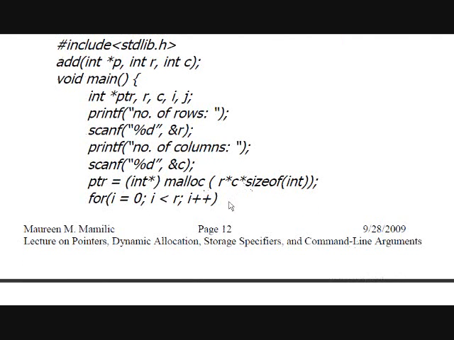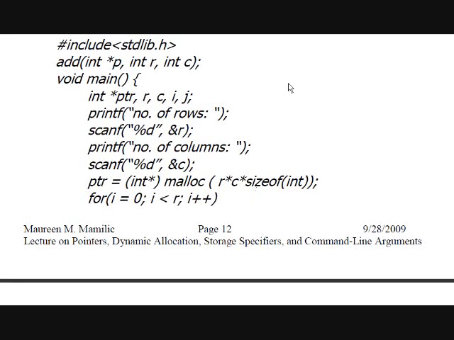Then using malloc, the syntax will now look like this. So since it's still an integer, so it will allocate 2 bytes of memory for integer and multiply it with R times C. So given that R is 2 and C is 3, so you will have all in all 2 times 3 times 2 bytes of memory, and that's equal to 12 bytes of memory.